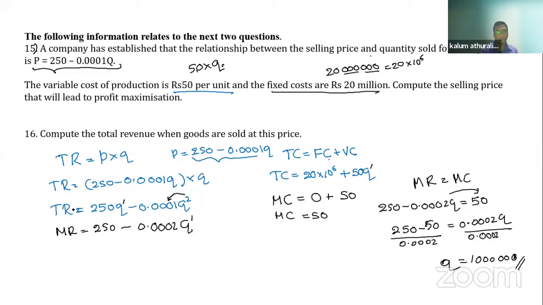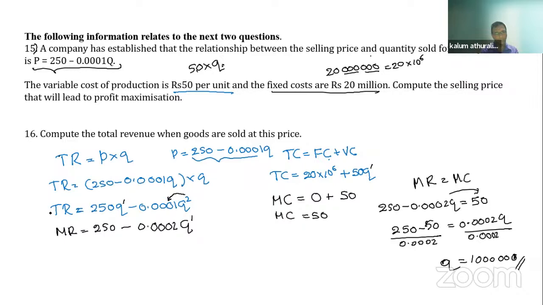If you want to find the marginal function, it could be MR, MC, MP, anything, what will you do? You differentiate the total function. If you differentiate the total function, then you have the marginal function.